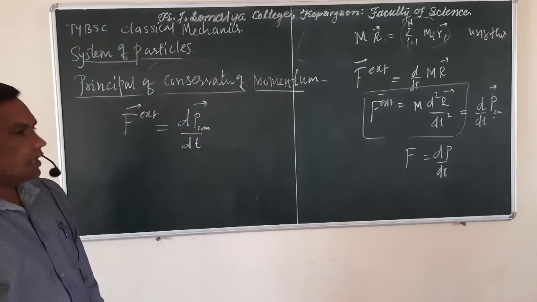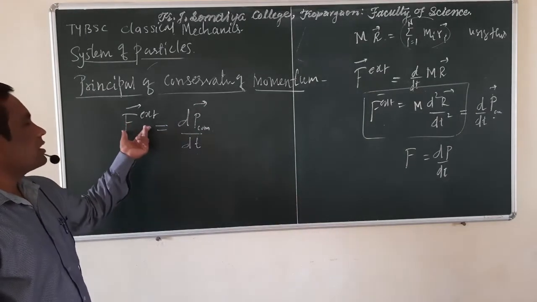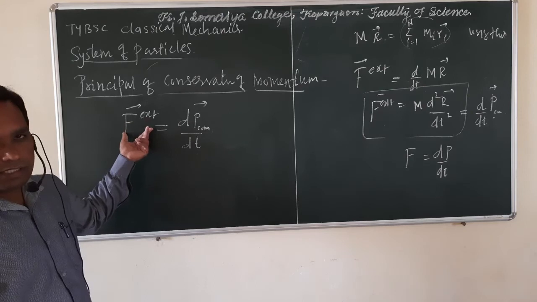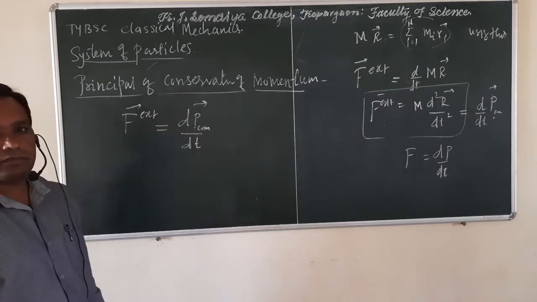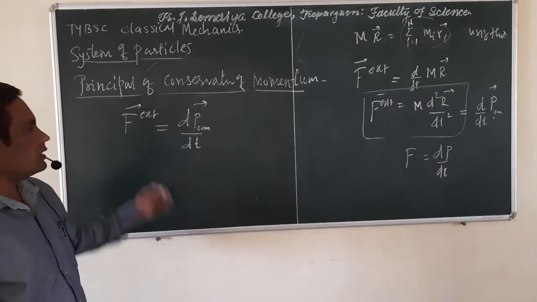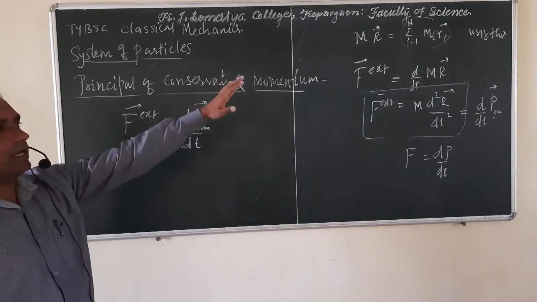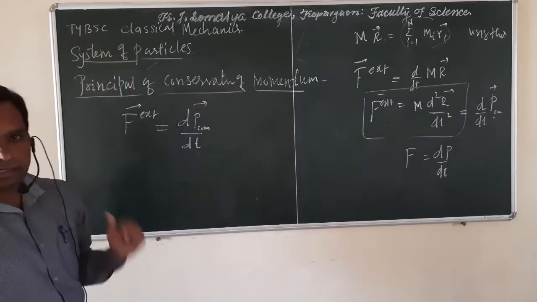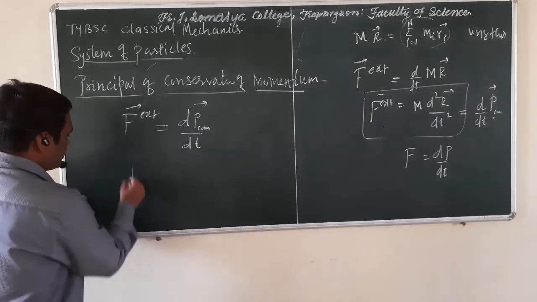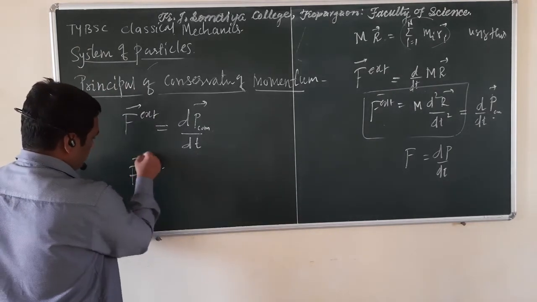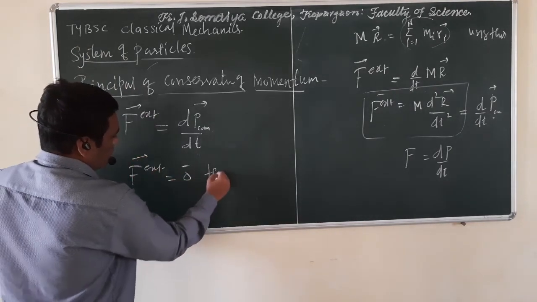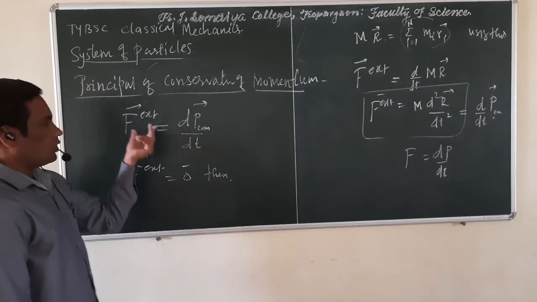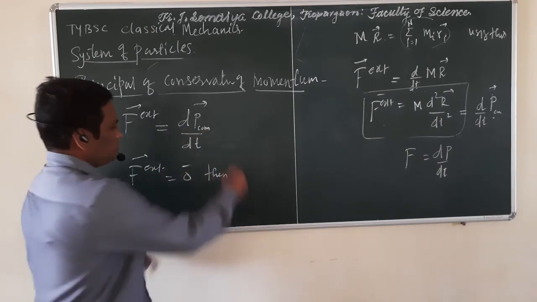Now if the external force acting on the system is zero, or there is no external force acting on that whole system, in that case, if F external is 0, then what can we say? This becomes 0.